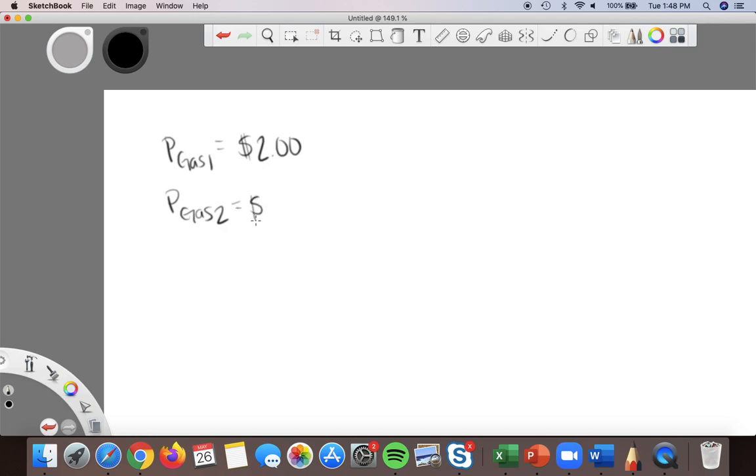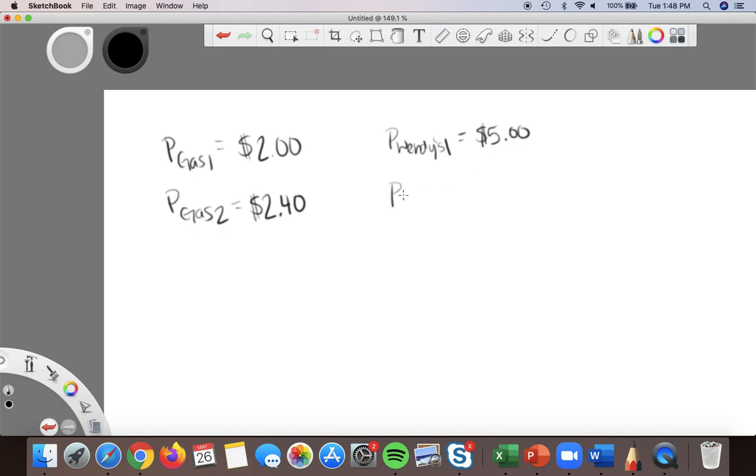So a 20% increase in a $2 price of a gallon of gas means the new price will be $2.40. Meanwhile, for a Wendy's meal, let's say the price at first was, I don't know, $5 for one of their meal deals.